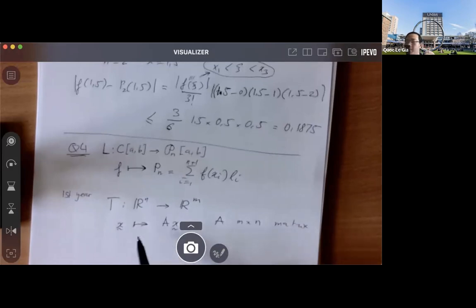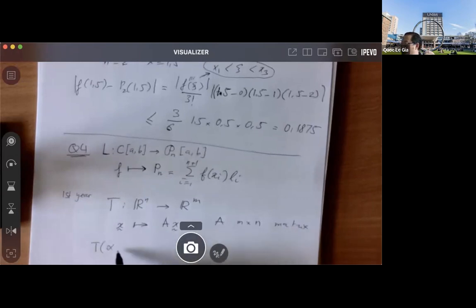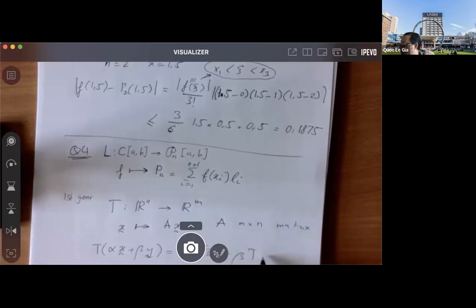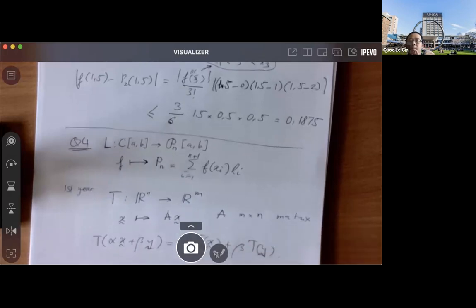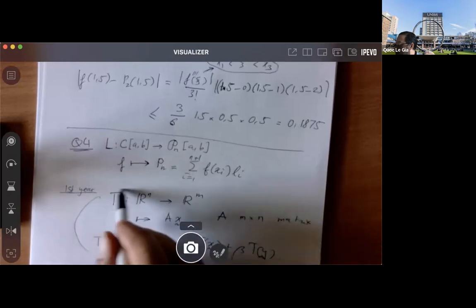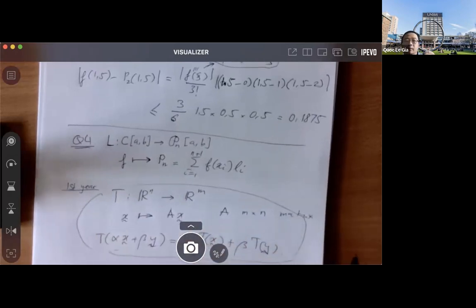So in first year, how do you show that the map is linear? The map is linear when you show that T of alpha x plus beta y is alpha Tx plus beta Ty, right? And you say that is a linear map. So this is from first year algebra. So now the concept is the same, except that before you had a finite dimensional space.